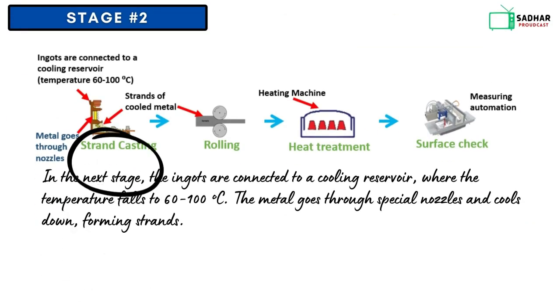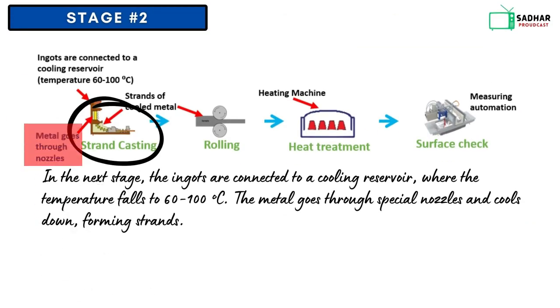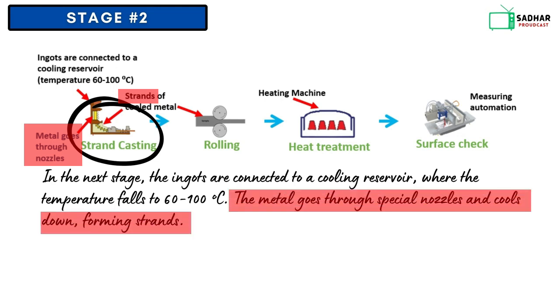The next one, the metal goes through nozzles. So I put this as the second sentence. The metal goes through special nozzles and cools down, forming strands. And then they produce strands. After the metal goes through the nozzle, it goes down and then they become strands.